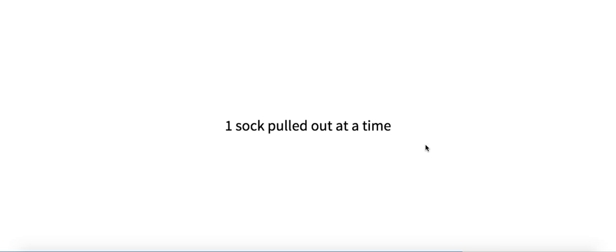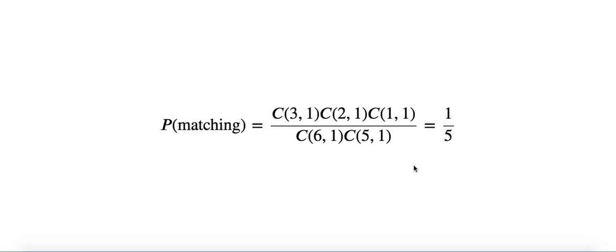In our second case, when one sock is pulled out at a time, in the denominator, we pull out 1 out of 6 individual socks and another one out of 5 remaining socks.